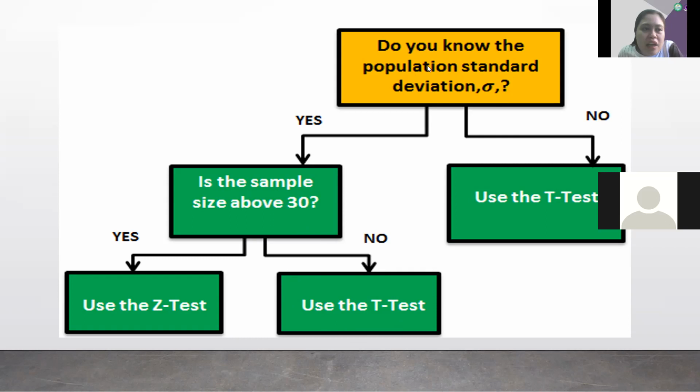Kapag hindi mo talaga alam ang standard deviation ng the whole population, that's the time automatically you use the T-test. Okay, so that is the reason why T-test is mostly used in research than the Z-test. Kasi most of the time, we actually don't know the population standard deviation, especially if the population is very big, like the whole Philippines.